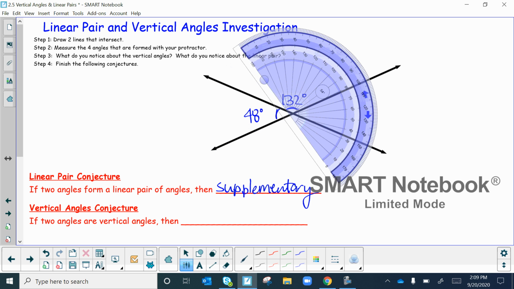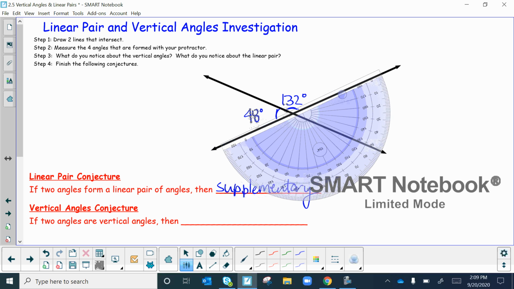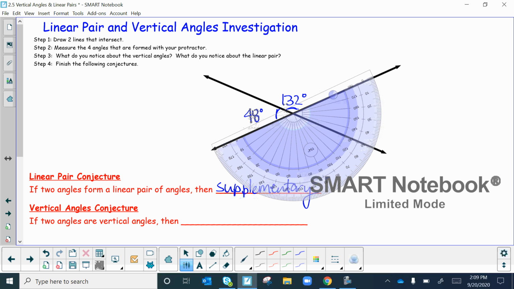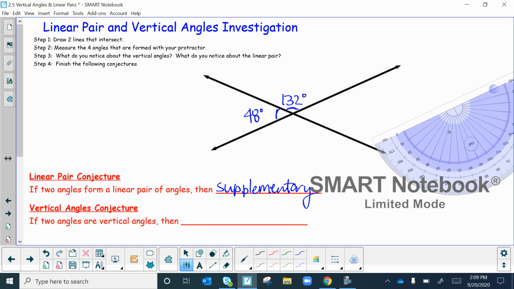So now let's measure the other two angles. When we measure these other two angles, you can probably guess what is going to happen here. And there we go again. It's at 48 degrees and then 132. So this one over here is 48 and 132. And if you remember, this angle and this angle are vertical angles.